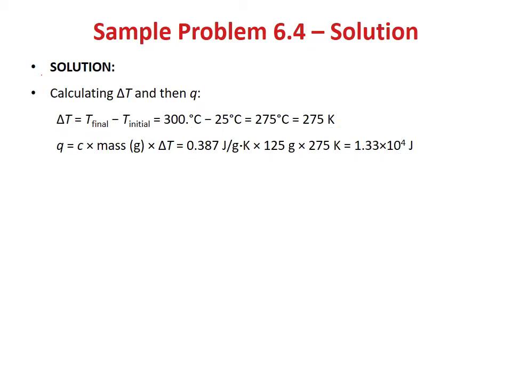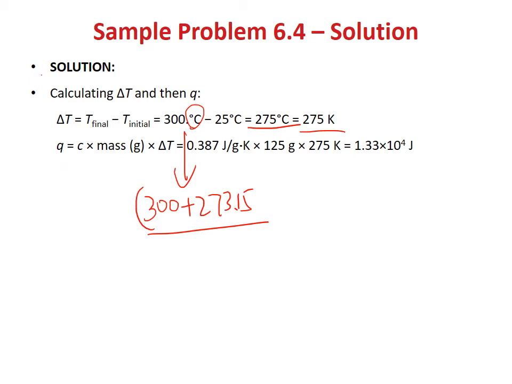During the calculation, you may wonder why 275 Celsius equals 275 Kelvin. Well, first, let's convert Celsius to Kelvin. 300 becomes 300 plus 273.15, and that gives you Kelvin. Final minus initial is 25 plus 273.15. You can see here, final and initial both have 273.15.